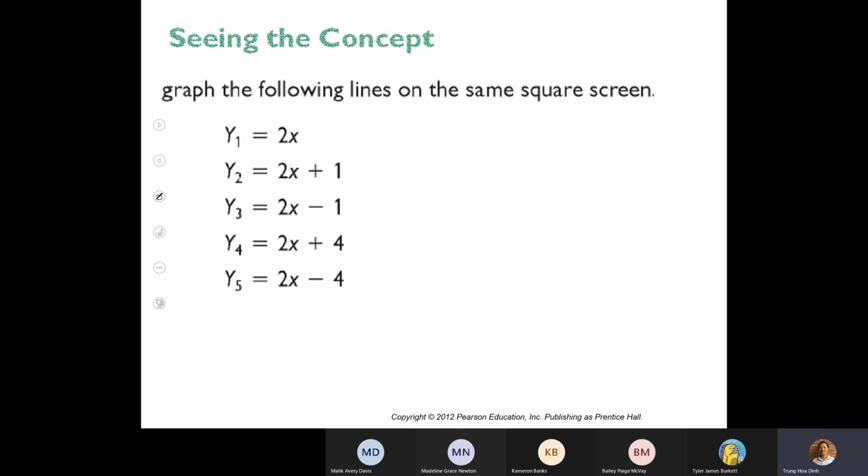So you may start from the first equation, and then when you add or subtract some number, you only need to shift the straight line along the y-axis up or down.